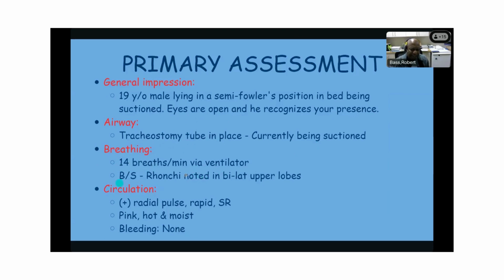You assess breath sounds. You notice rhonchi in his bilateral upper lobes. You assess circulation. You've got a radial pulse that's rapid, strong, and regular. His skin is pink, hot, moist, and there's no external bleeding. Once again, our overall goal of the primary assessment is to identify life threats and manage those life threats as we go. How would you categorize this patient?